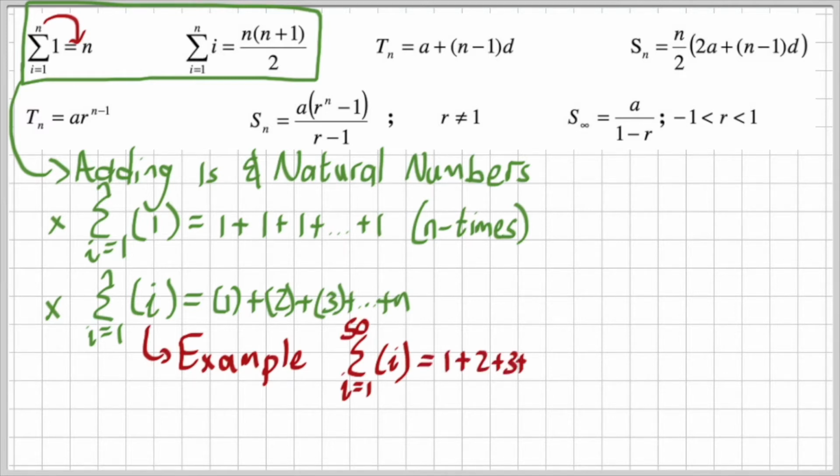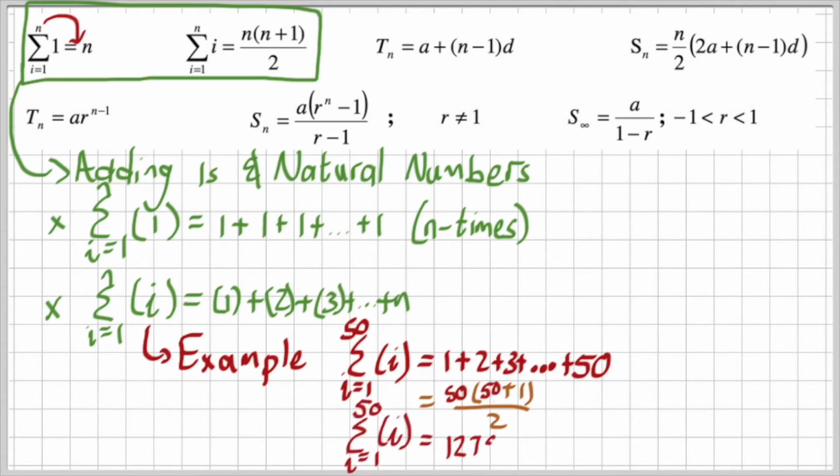For example, if I add the first 50 natural numbers, using the right-hand side of the formula, n is now 50. So I can replace that, meaning the sigma from i equals 1 up to 50 of i is 1,275.